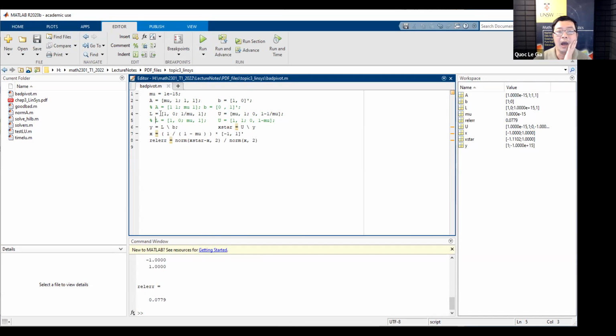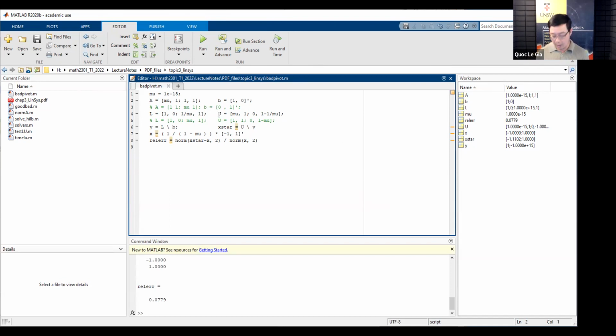Now what happens if I swap the rows of the matrix A?